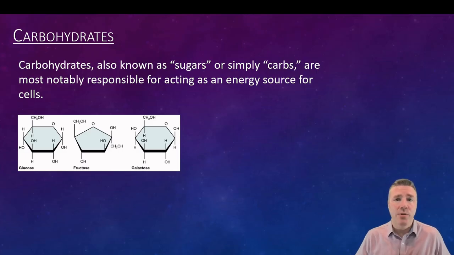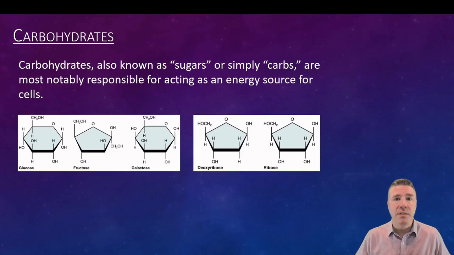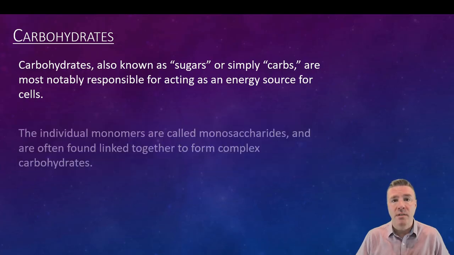These are known as hexose sugars because they each possess 6 carbon atoms in their structure. Deoxyribose and ribose, found in DNA and RNA respectively, are examples of pentose sugars, as they contain 5 carbon atoms each.